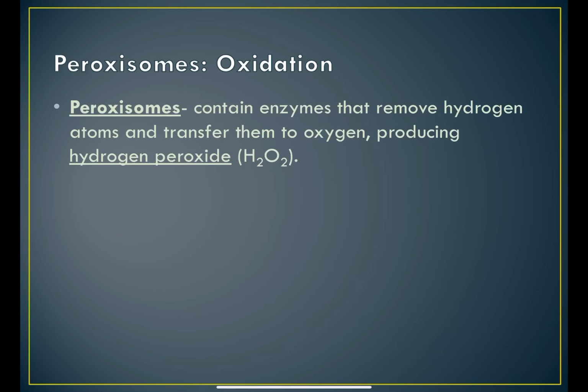Okay? Now, breaking from that back to our organelles, another organelle is a peroxisome. So peroxisomes are responsible for oxidation. Oxidation basically means taking hydrogen atoms off of things and pushing them to oxygen atoms, producing hydrogen peroxide.